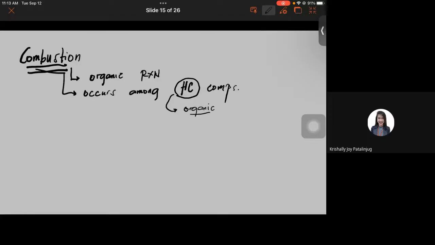Any compounds containing carbon and hydrogen, when carbon and hydrogen are together in a particular compound, we classify that compound as organic. So for all of the organic compounds, they undergo combustion type of reaction. Okay?